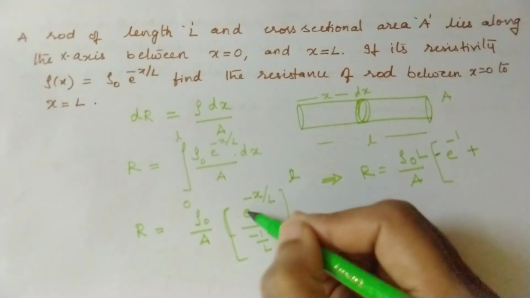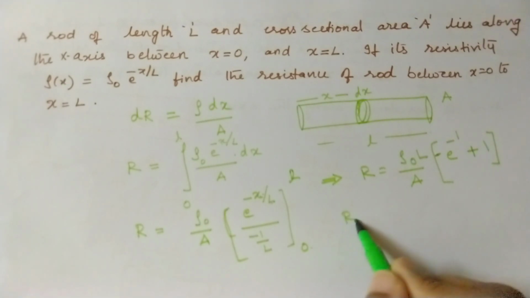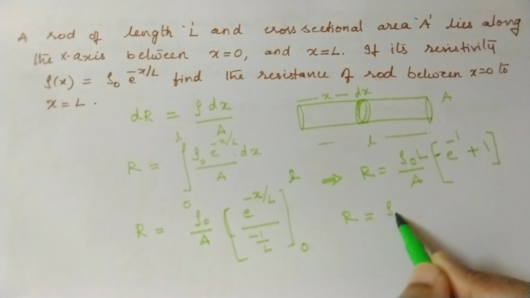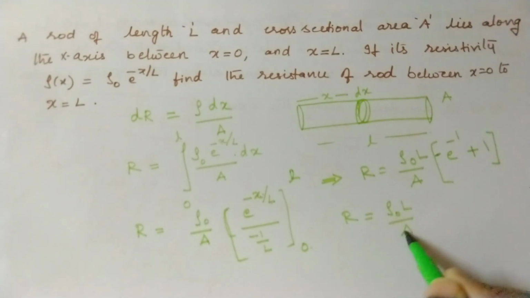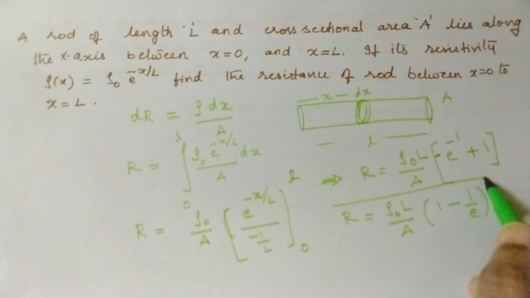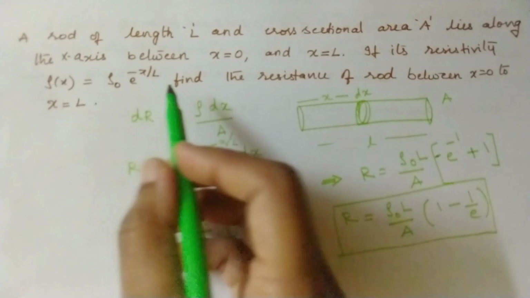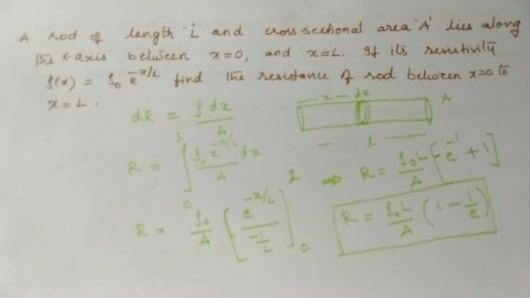When x is 0, e to the power 0 becomes 1. So the resistance R equals rho naught L by A into 1 minus 1 by e. This gives you the resistance of this conductor where resistivity varies according to this particular relation.